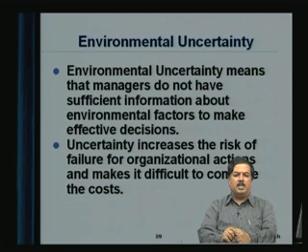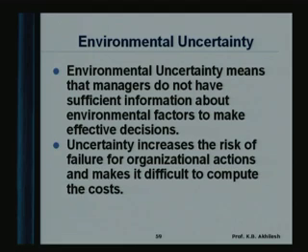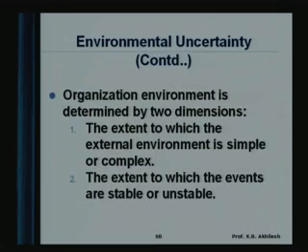So there is a kind of risk, and one needs to talk about risk and uncertainties. Organizations have to take actions to make this more effective, and it is sometimes very difficult to compute the cost of these things. That is where the extent to which the external environment is simple or complex, and whether the events are stable or unstable, matters.